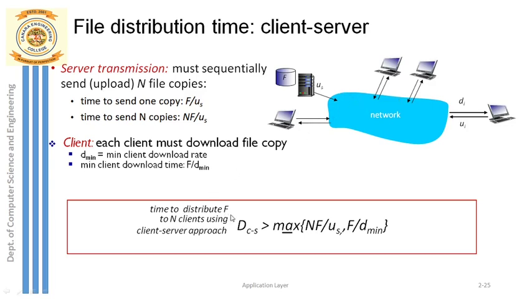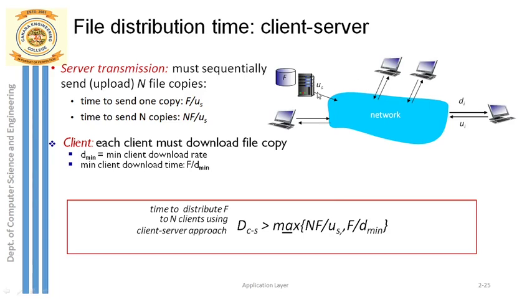That distribution time should be greater than or equal to, actually this is equal to, okay, greater than or equal to what? First you should compare the uploading rate and the downloading rate, the minimum downloading rate.